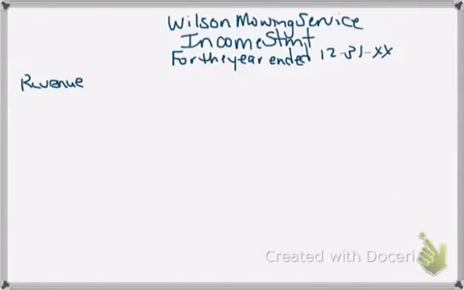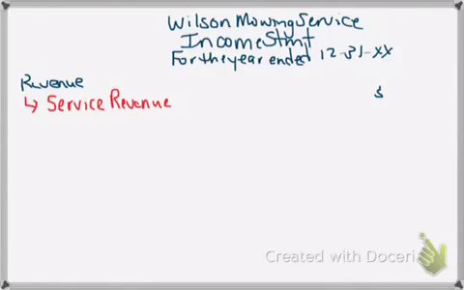The next step in here is I'm actually going to indent over, and then I would list all of my revenues. In this case, I only have service revenue, so that would be all that I would be listing for that. And it is in the amount of $31,900.